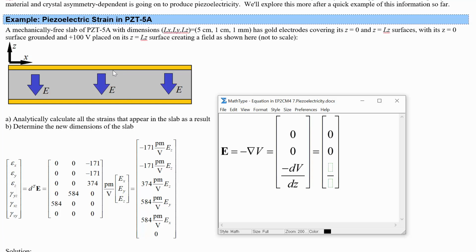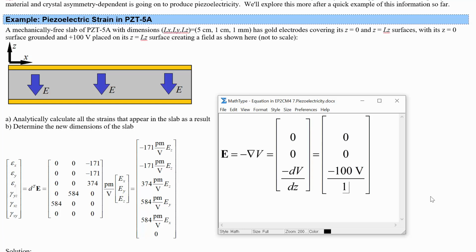It goes down by 100 volts per step down in Z, or it goes up by 100 volts per step up in Z of 1 millimeter. So with that negative sign still in front, we've got a 100 volt change, putting a space before the unit and then unit in not italic font, and a 1 millimeter distance.